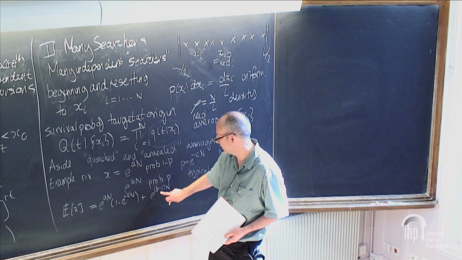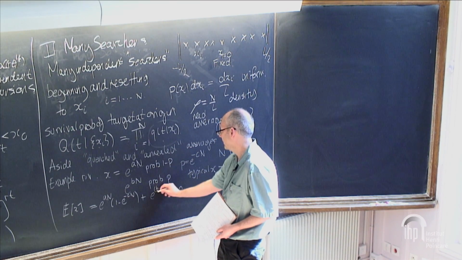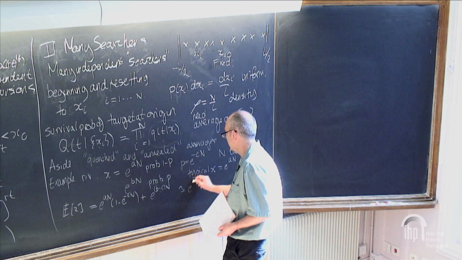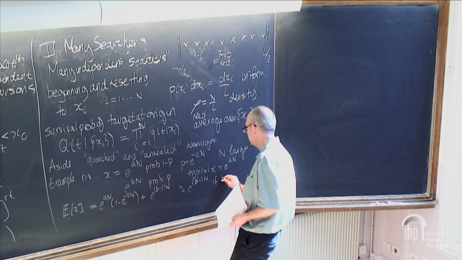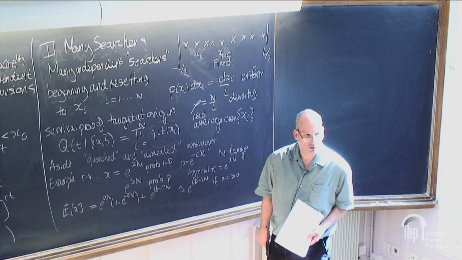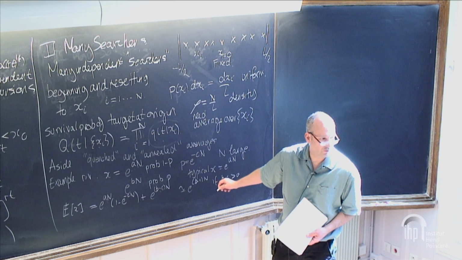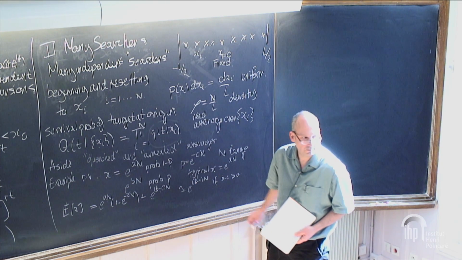The leading term will be e to the b minus cn if b minus c is greater than a. In that case, the average gives something very different from the typical value.